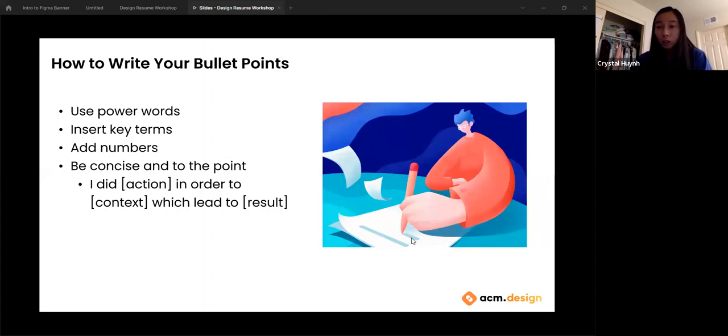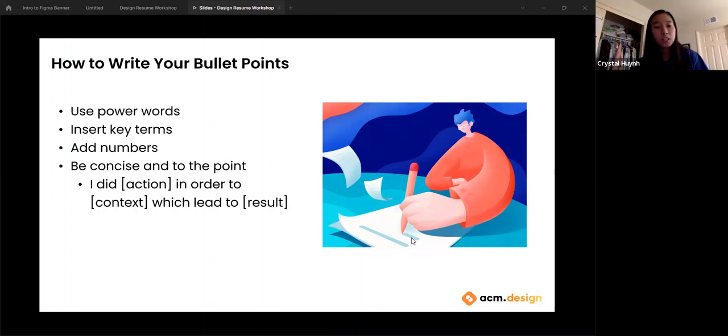Those are key terms that really show that you are a designer, or you are looking to enter the design field, and that will really catch the recruiter's attention. Compared to, say, the business side, where you're in investing, or you did market sizing, or you performed case studies.